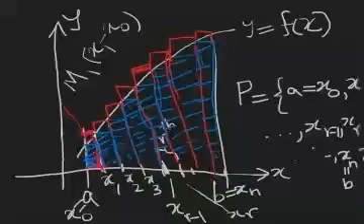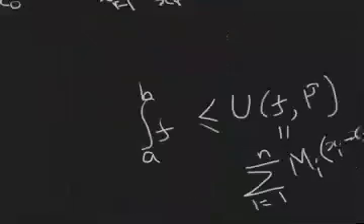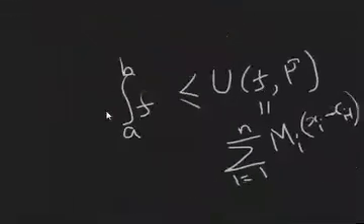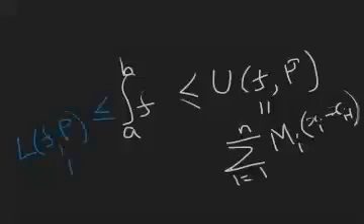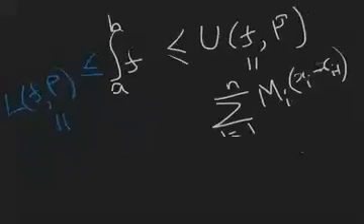So the area of that curve over the AB interval is bigger than this lower sum of f corresponding to the P partition, which is the sum that goes from 1 to n.